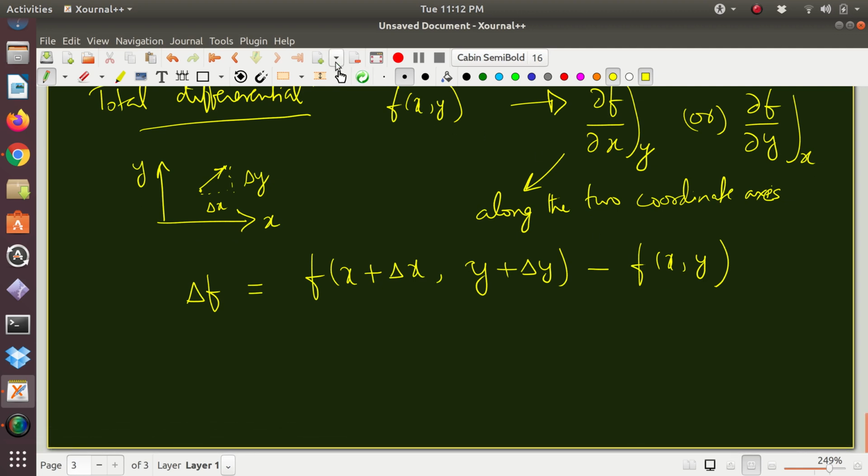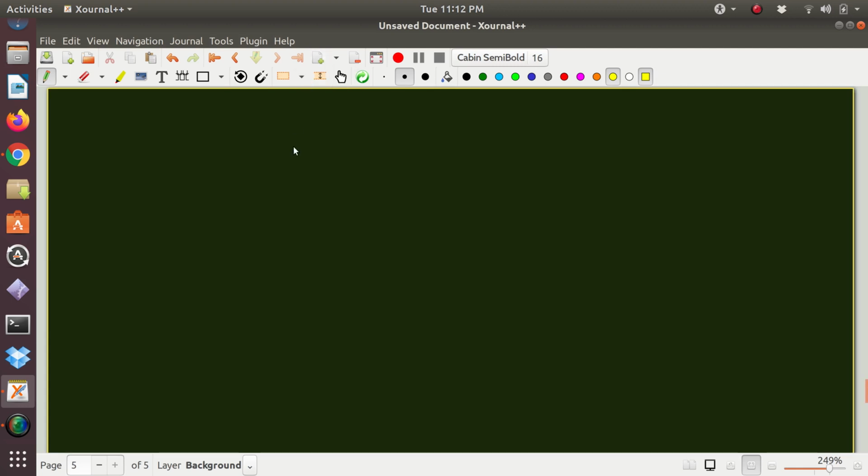Let me go to the next page. So you have a point x, y, and you have a point x plus delta x, y plus delta y. You're moving a little bit away from this point. Delta x and delta y are small in some sense.